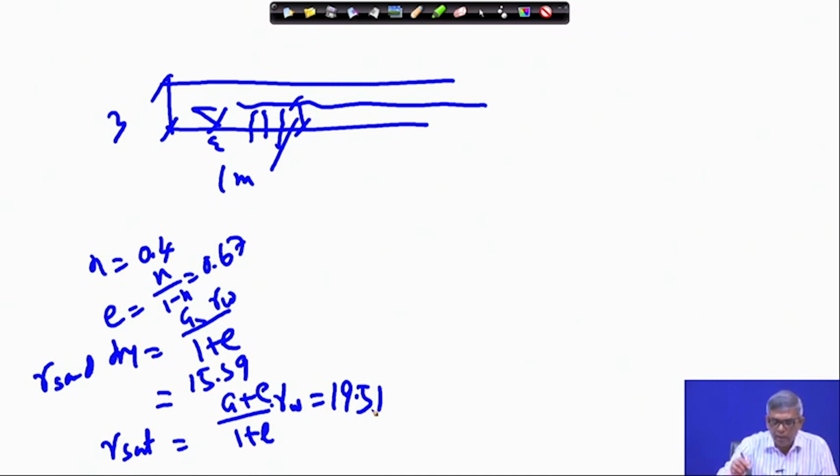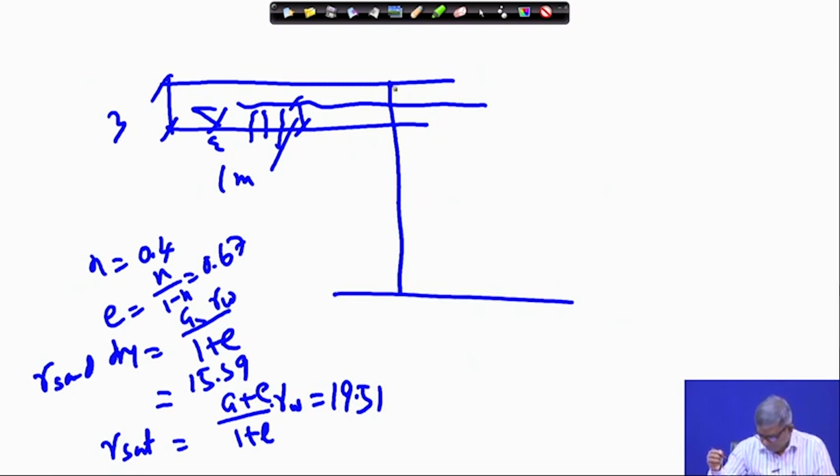Now, if I do the total stress diagram like this, you will get up to 2 meter. So, at 8 meter depth you have to find out sigma total 8.